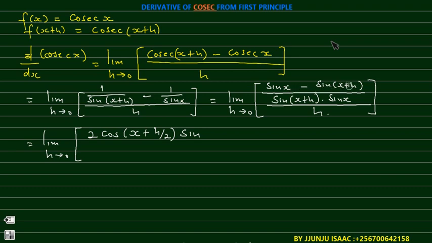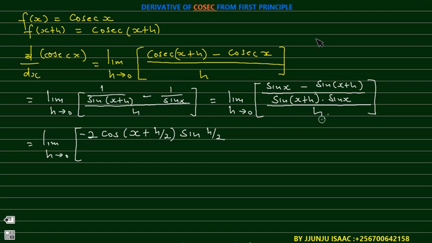Definitely we'll get negative h. So I write negative h, but remember sine is affected with a negative, so I'm going to put a negative here. So I just write h over 2, then divided by the rest of this and divided by h.